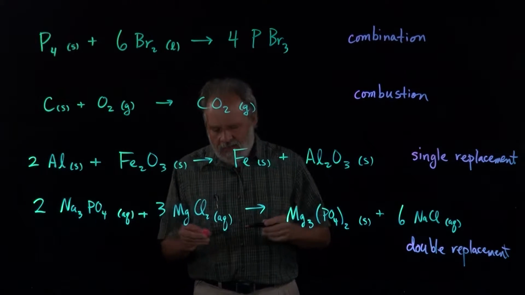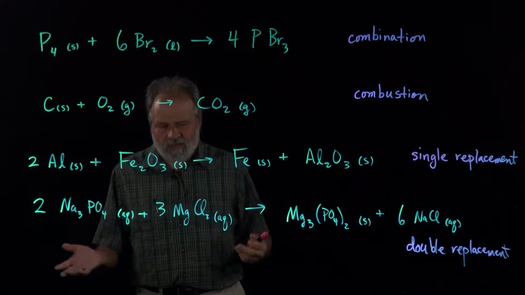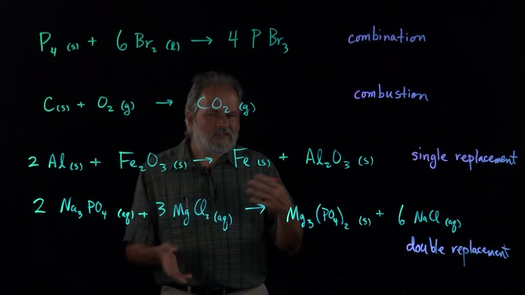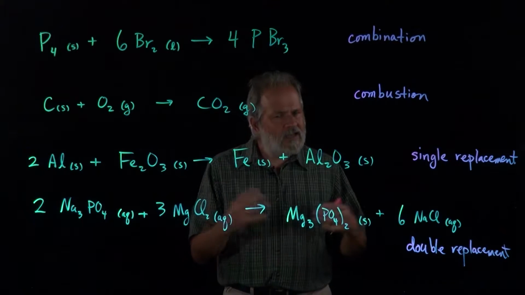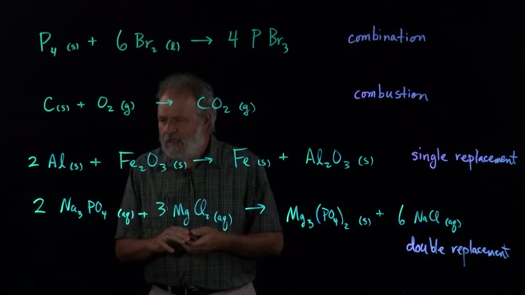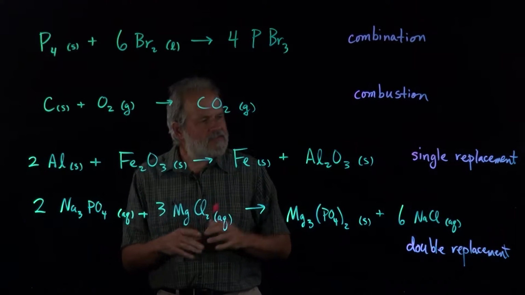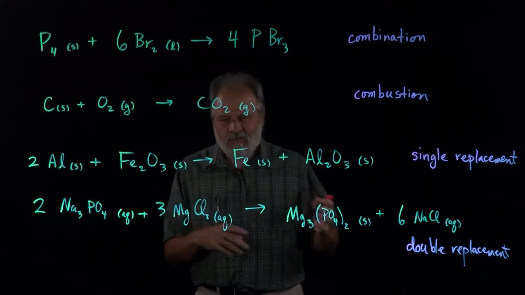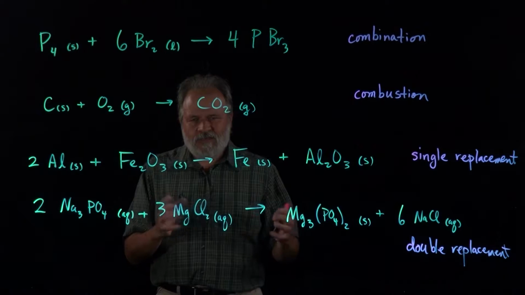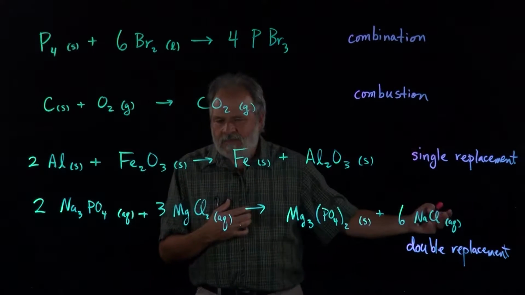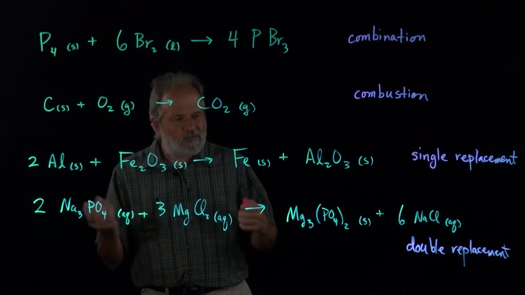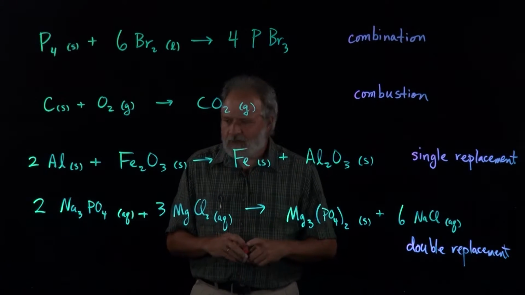And the analogy I like to use for the single replacement and double replacement: if you think of these compounds as having a plus and minus, it's analogous to a husband and wife or other couples. A single replacement would be if you were married, and somebody would replace your spouse with somebody else, and it would be a new married couple, and the other one would be left out in the cold.